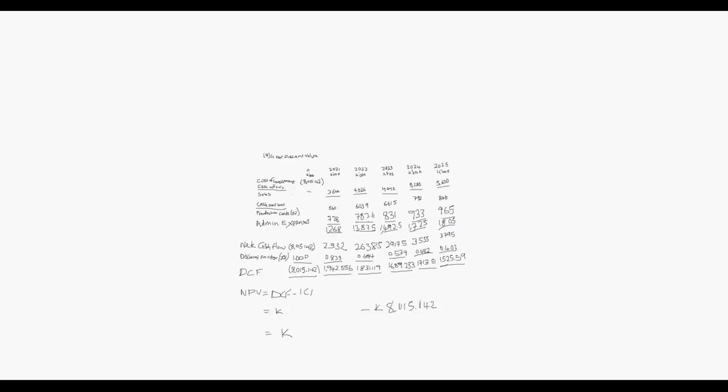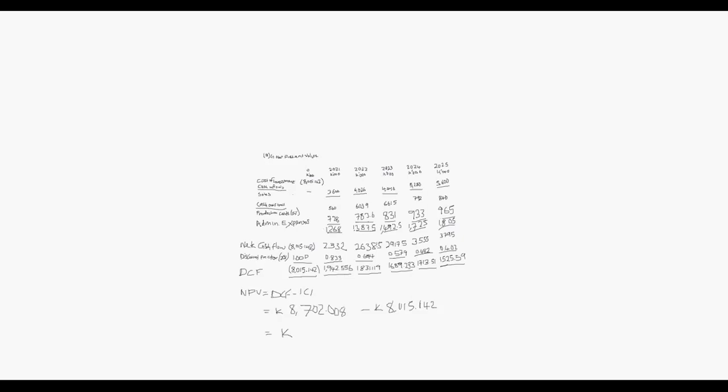So the total discounted cash flow is coming to 8,702.008.